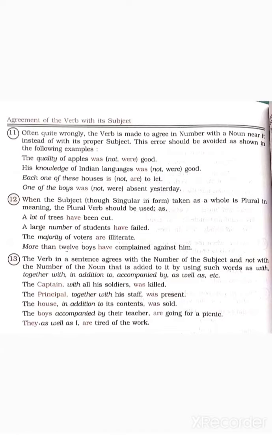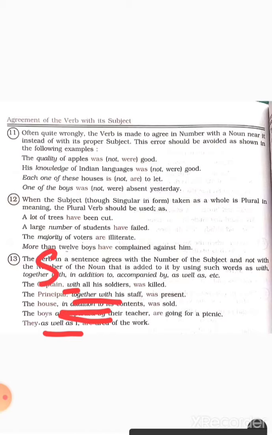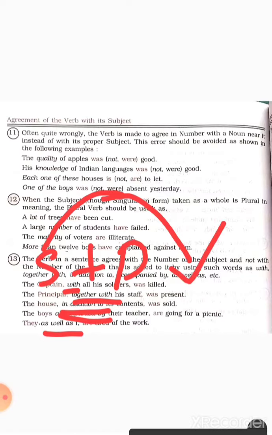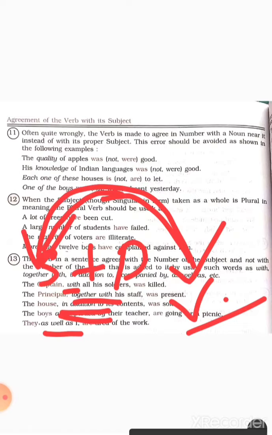So, as well as, accompanied by, in addition to, together with: if all these words are there in a sentence and these are joined by singular plus plural subjects, then according to the first subject of the sentence, the verb will follow. The verb will follow the first subject.